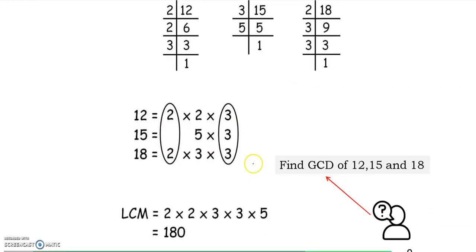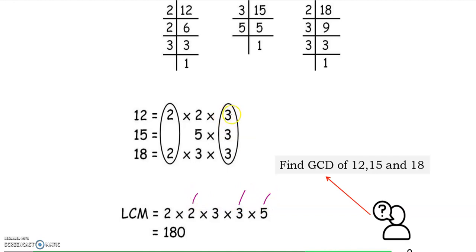Now you see here 3, 3, 3. So you write 3. Then here 2, here 2. So write 2. Then here 2, 5, 3. So you multiply 2, 3, 5.